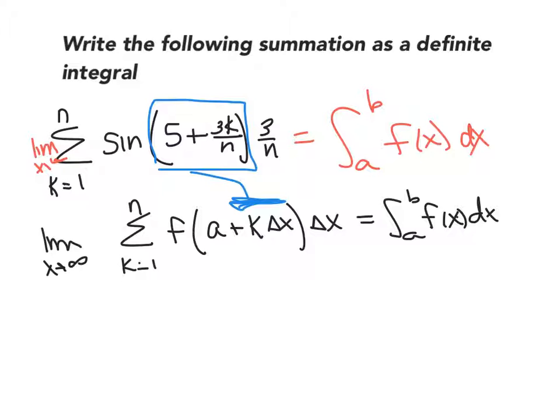As I compare, it looks like perhaps my a value might equal 5. And notice I have a k times my delta x, so I'm going to assume my delta x equals 3 over n. So let's see if that makes sense. Don't forget I need a delta x outside here, and I'm assuming my delta x is 3 over n, and I also have it out there.